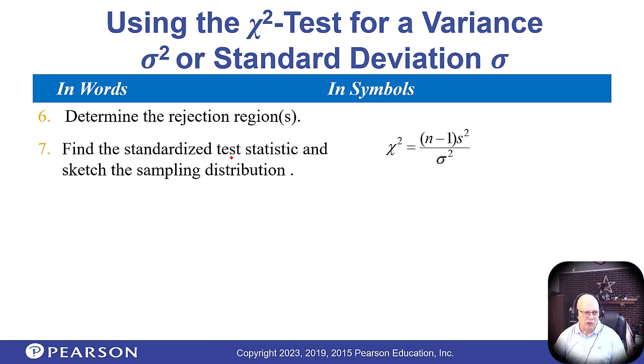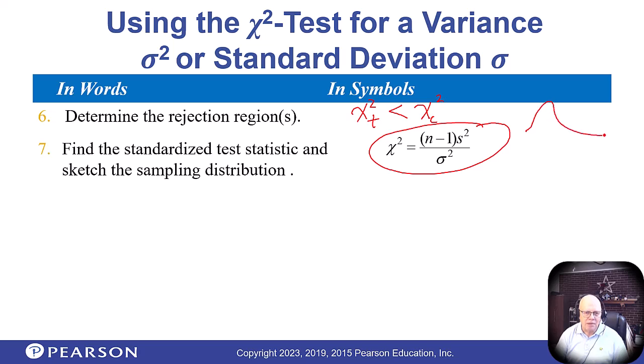Then you'll get the standardized test statistic. This is going to tell you, okay, the chi-squared test statistic is what? Where is it compared to the critical value? Less than, equal, greater than. This is what you're going to compare with the critical value. And don't forget, draw that picture because that'll show you where the rejection regions are.